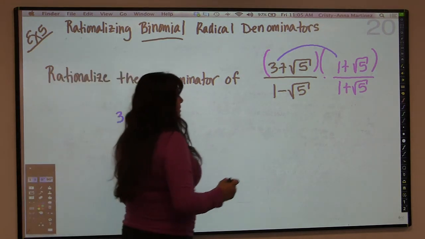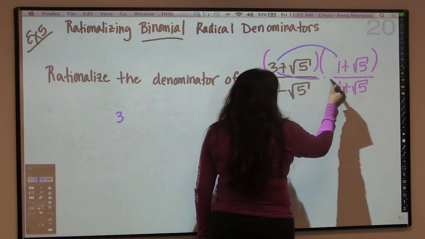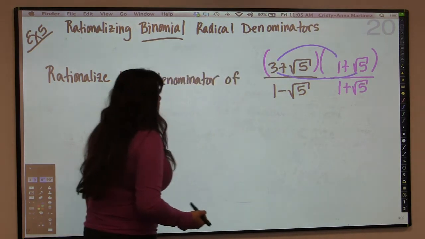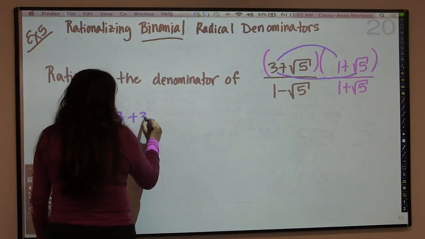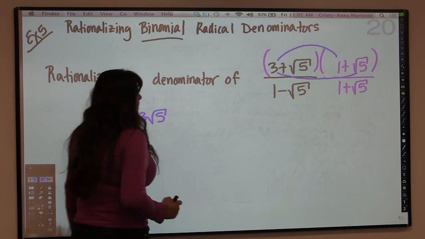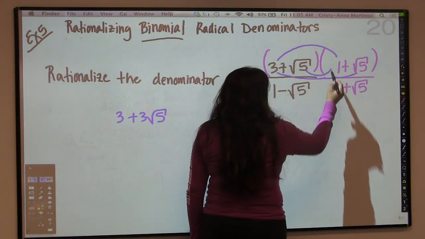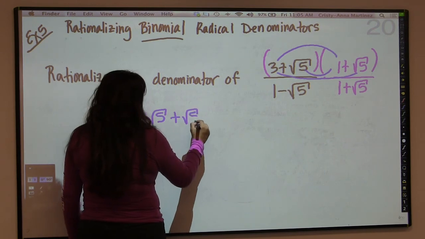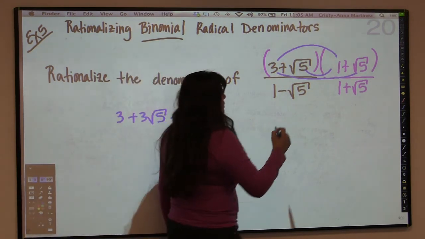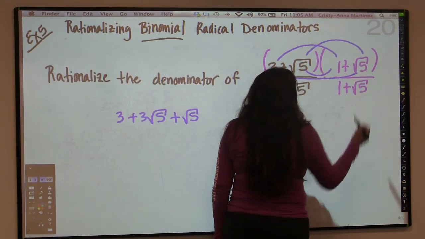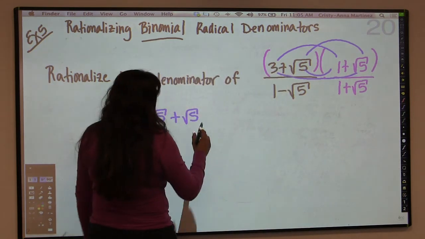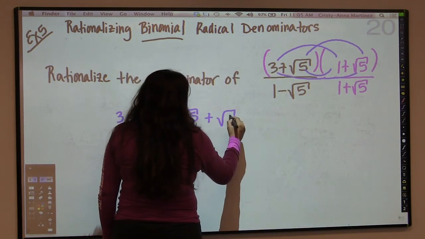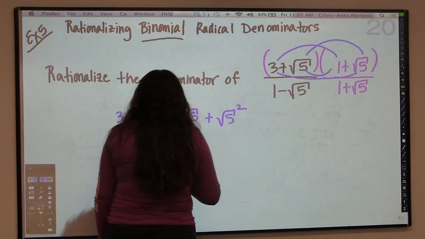And then I'm going to go outside times outside, so it's going to be 3 and root 5. So that's plus 3 root 5. And then I'm going to do inside, which is 1 times root 5. So that's just going to be root 5. And then last times last is root 5 times root 5, which is plus root 5 squared on the top.